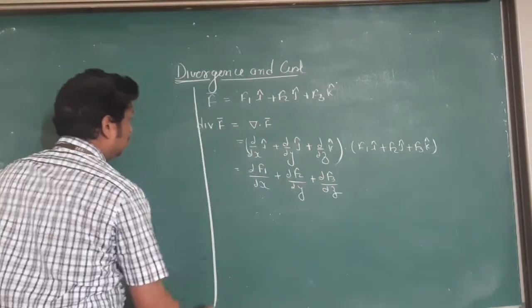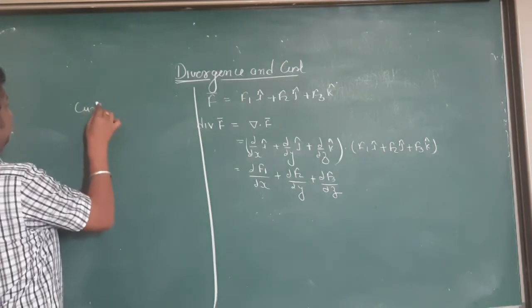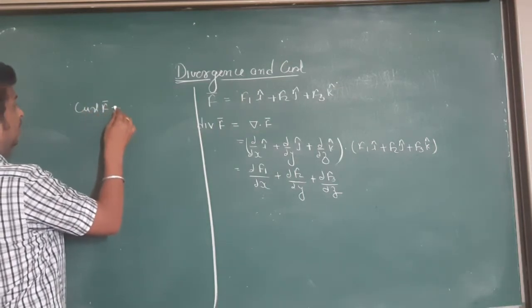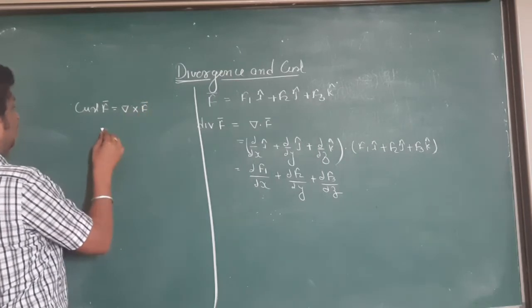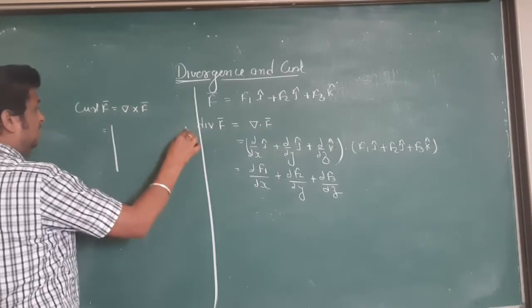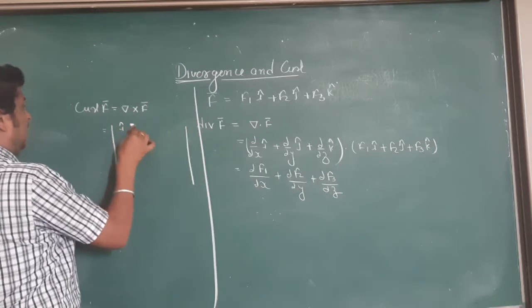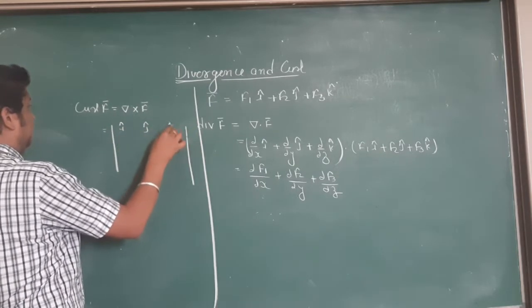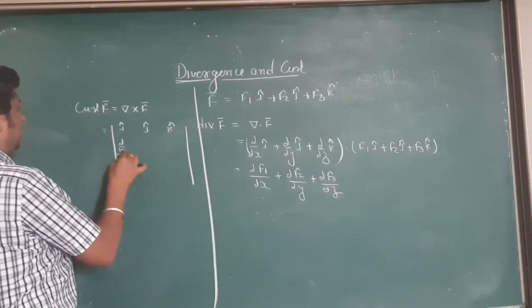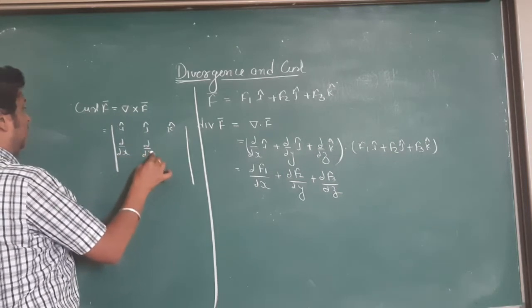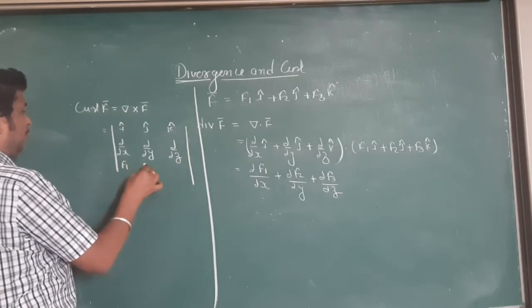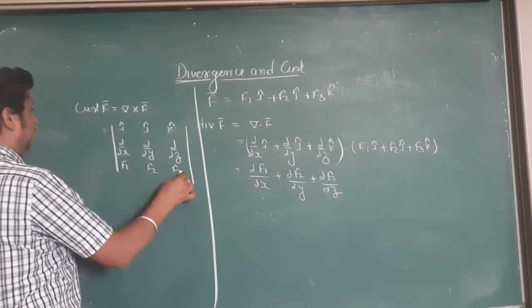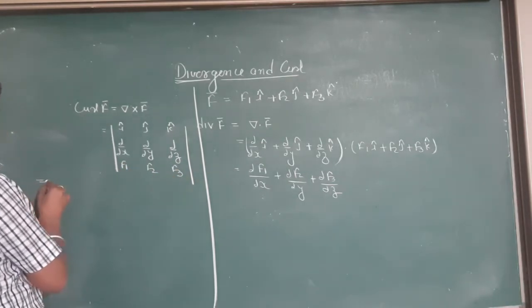So it's very easy to calculate divergence. And now the curl of f. Curl of f is also denoted by del cross f. So what is del cross f? It's just a determinant: i cap, j cap, k cap, del upon del x, del upon del y, del upon del z, and then put the f1, f2, f3 values here. So what is the value?